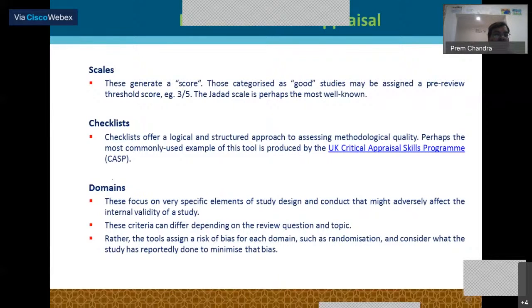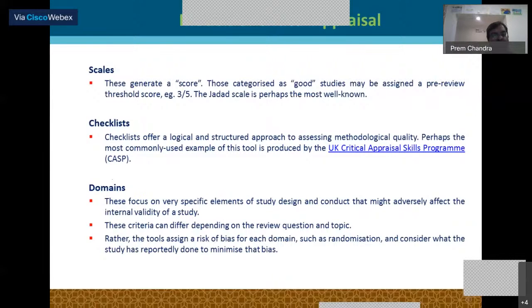However, today I will be focusing my talk on the critical appraisal using the checklist. Of course, the initial model was mainly scales, which is now not being used frequently, and there are a lot of drawbacks using the scales to do the critical appraisals.